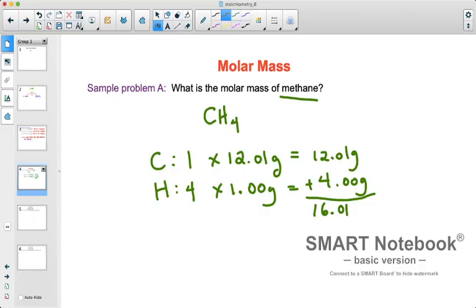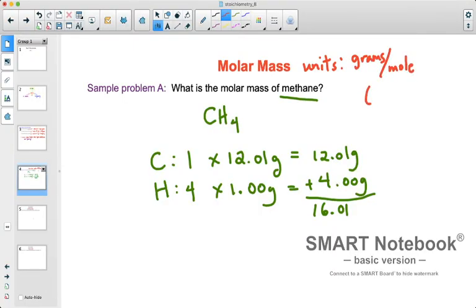When we start to use molar mass, the units are now going to change. Because by definition, molar mass is the mass of 1 mole in grams. So the units, when they specifically ask for molar mass, is going to be grams over mole.